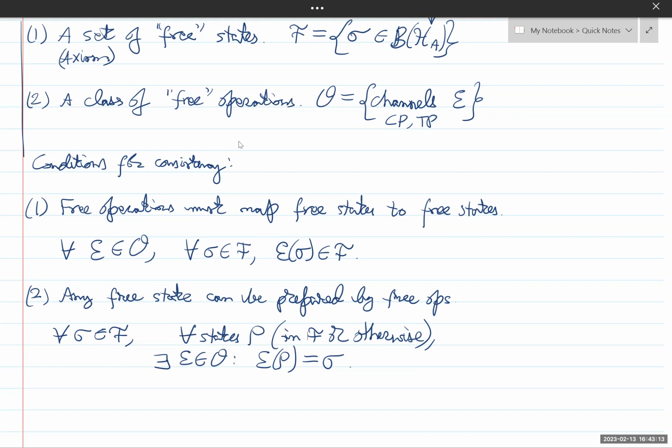Because this tends to be quite a universal feature of resource theories, there are very few resource theories that people have studied where this isn't true. I like to use this as a definition of the free states. I like to define free states by those states that can be prepared using free operations from any given input.